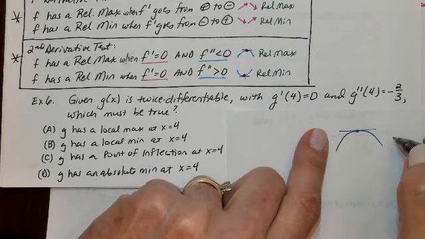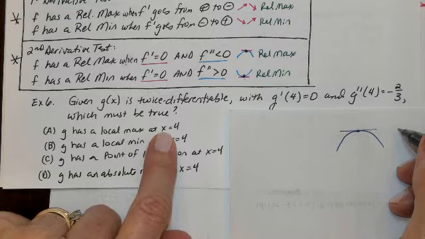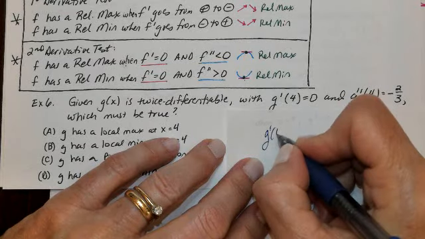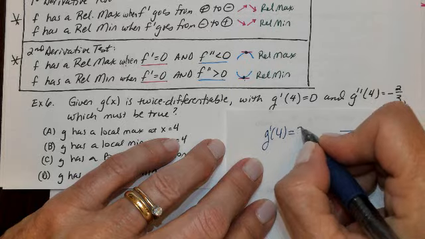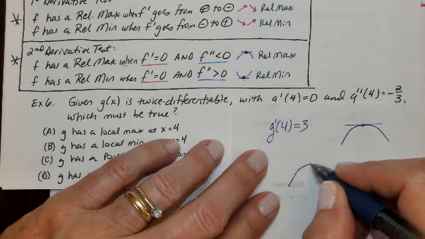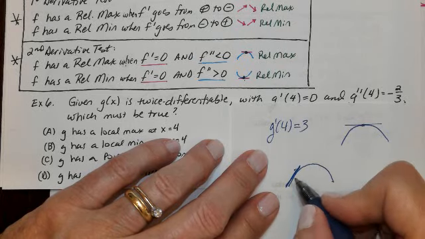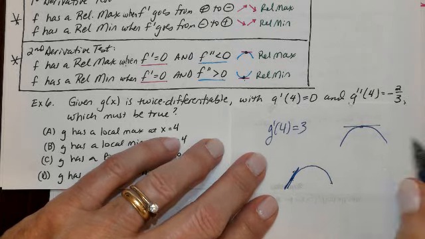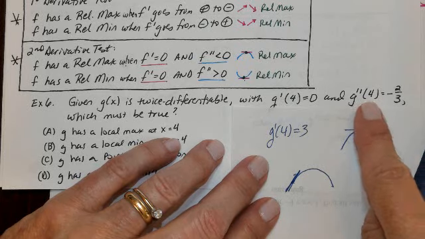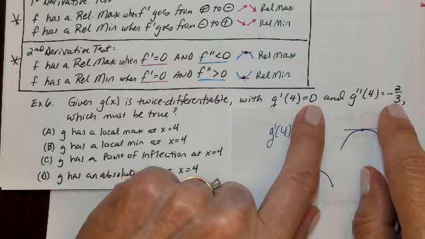So we have to have a relative max, A. If g prime at 4 was not 0, and we were concave down, then we'd be looking at something like this. Is that a relative max? In other words, is just being concave down enough to say that you have a relative max there? No. It has to be both. Okay?